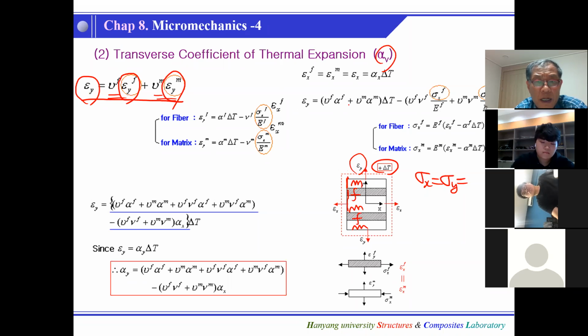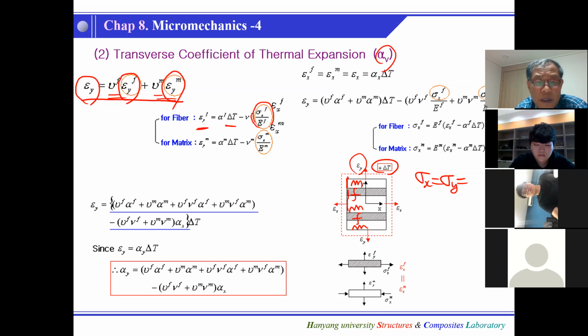Now here, we need to keep in mind the constitutive and fiber directional stress-strain relations, and here is given as delta T, and this is the Poisson's ratio.